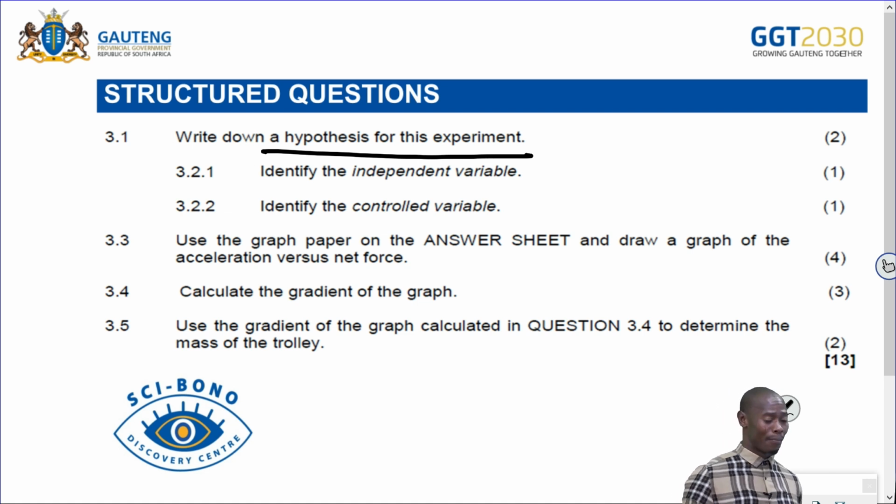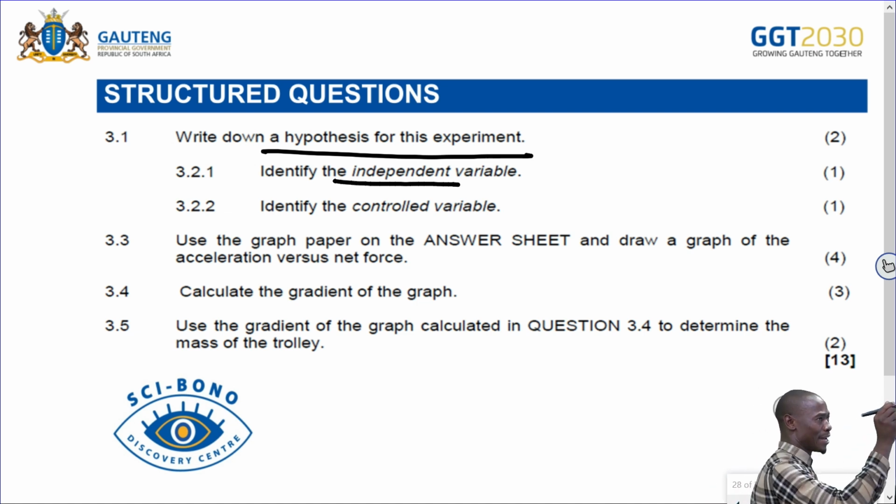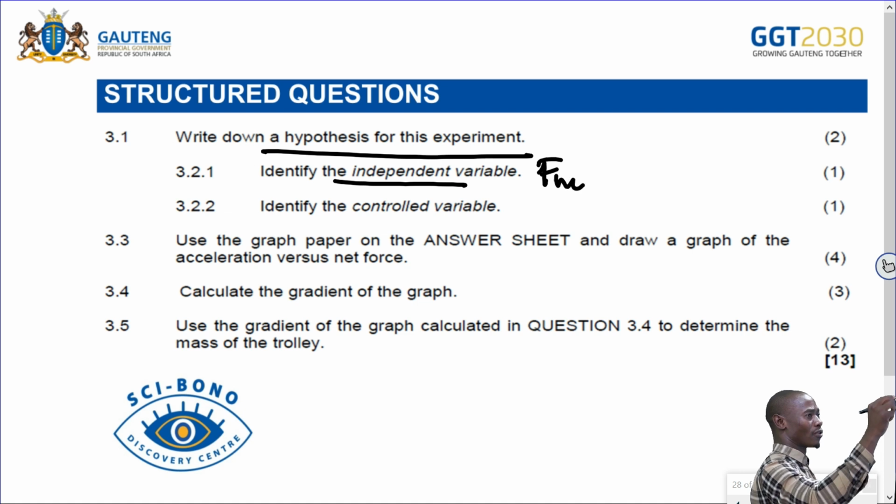It's what you think will happen. Actually, what you think will happen is based on theory. It's based on what you have learned. According to Newton's second law, acceleration is directly proportional to the force. It's not inversely proportional to the force. So what are we expecting here? Acceleration to increase as net force increases, or we're expecting acceleration to be directly proportional to the net force. Identify the independent variable. It should be the net force. Identify the controlled variable.